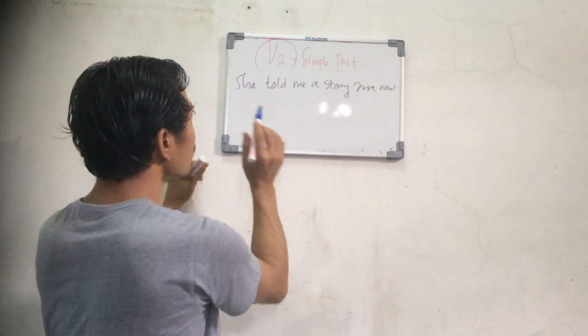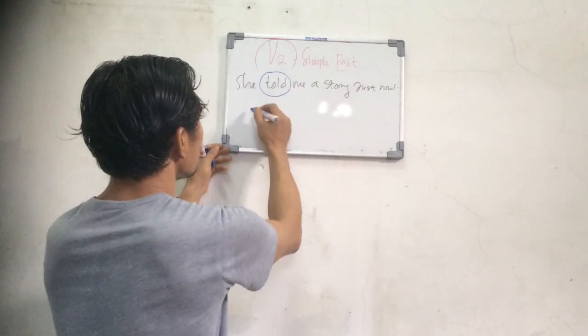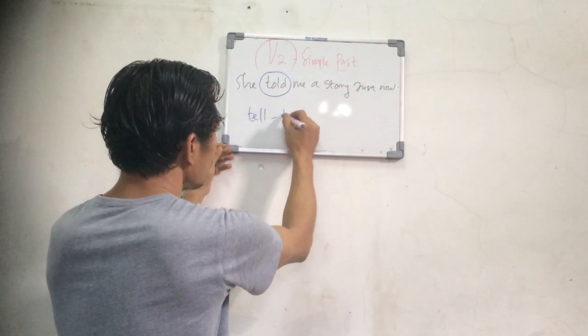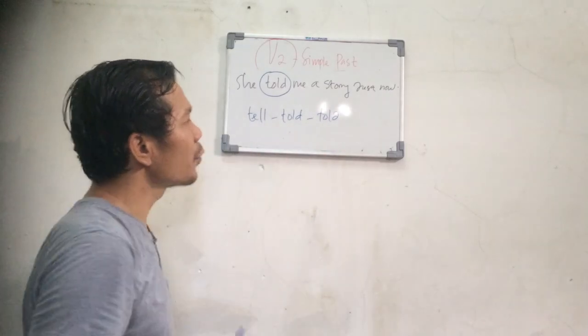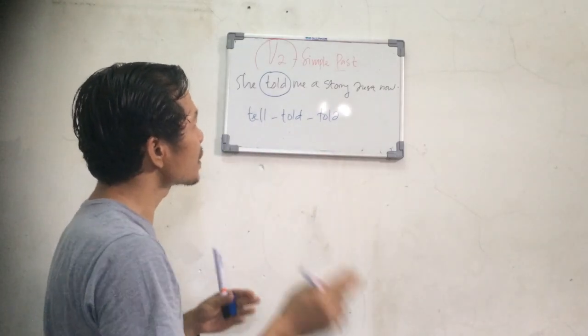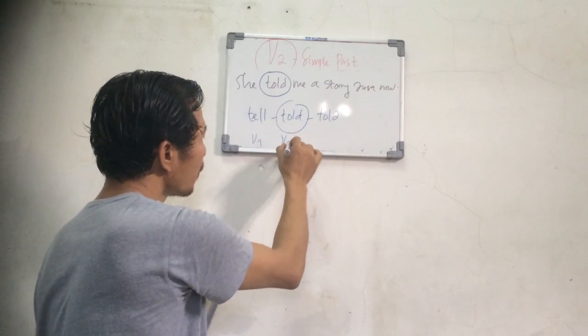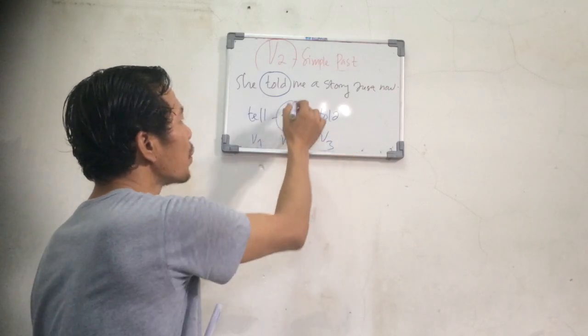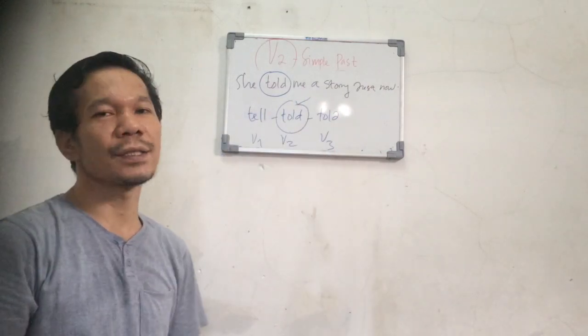Okay, she told. Told derives from tell, told, told. So which verb do we use in simple past? This one, verb 2. This is verb 1, verb 2, and verb 3. So she told me a story just now.